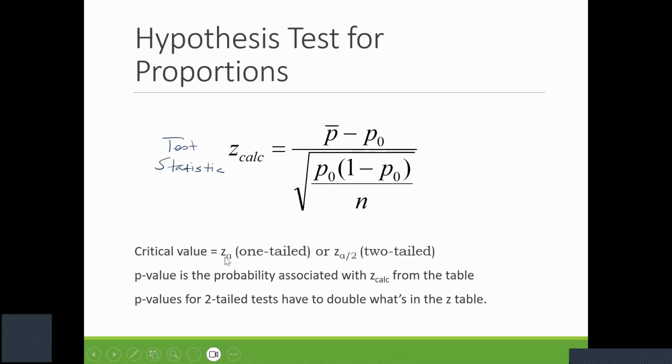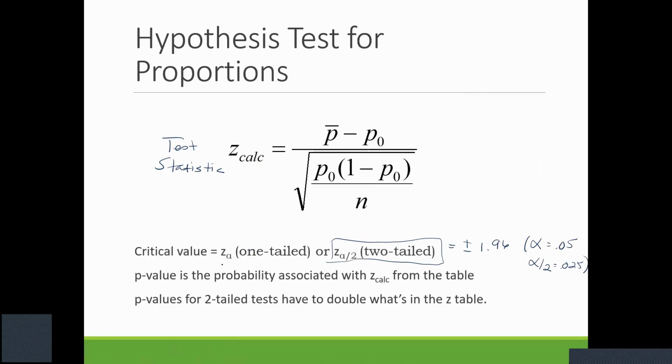And then we get a critical value, z of alpha for one-tailed or z of alpha over 2 for two-tailed. You are accustomed to the two-tailed because we also use it in our confidence interval. For 95% that is plus or minus 1.96, with alpha equal to 0.05 and alpha over 2 being 0.025 out in each tail.